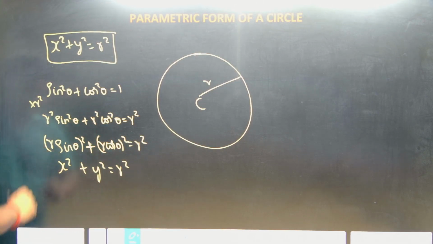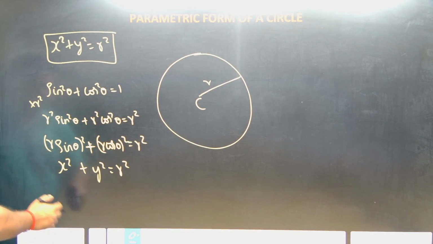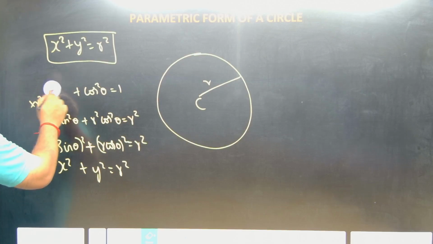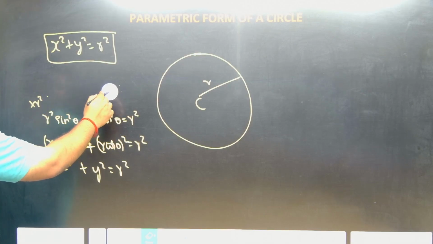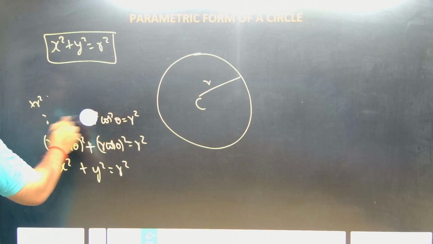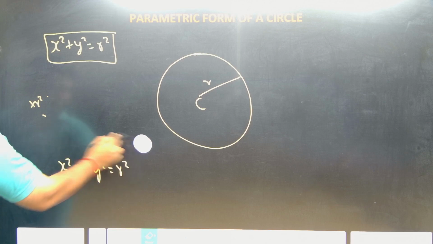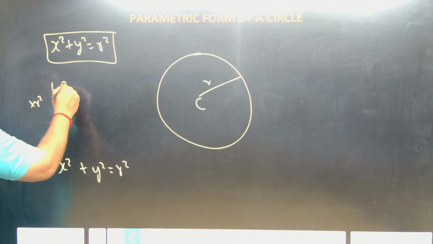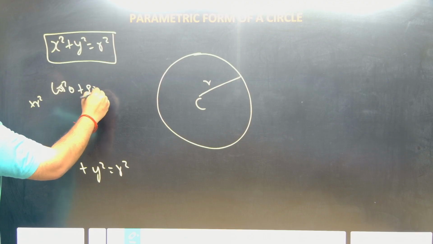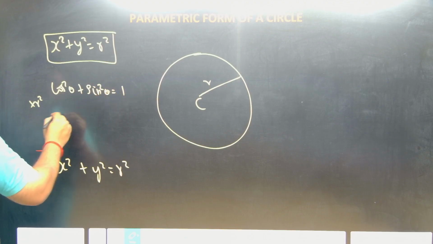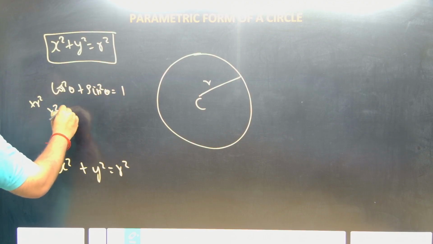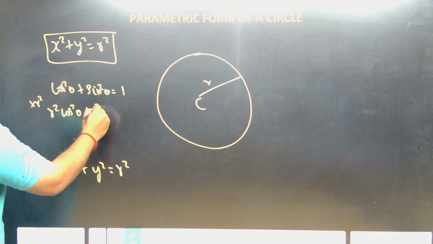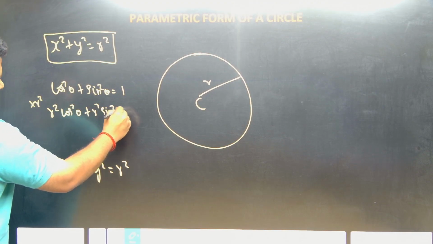Now let us compare this. Let us write it like this: cos square theta plus sin square theta is equal to 1. So this will be r square cos square theta plus r square sin square theta is equal to r square.